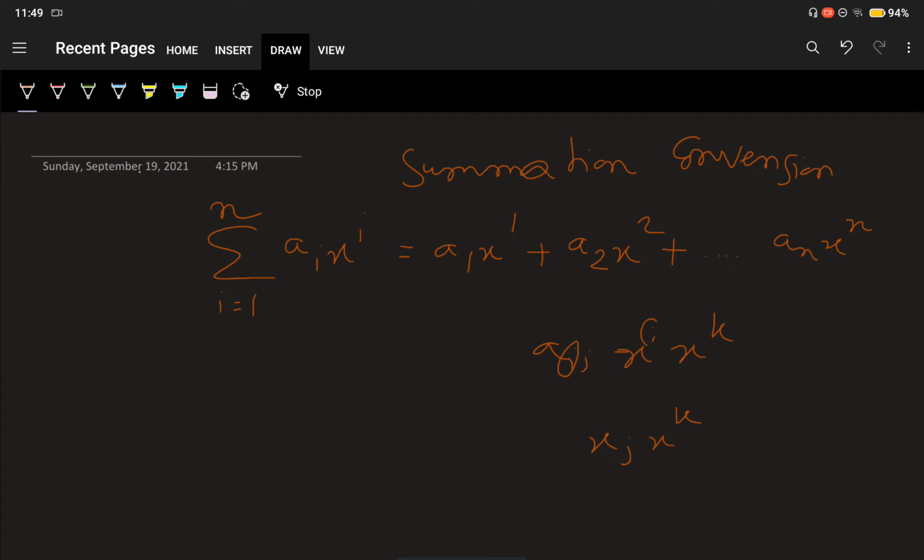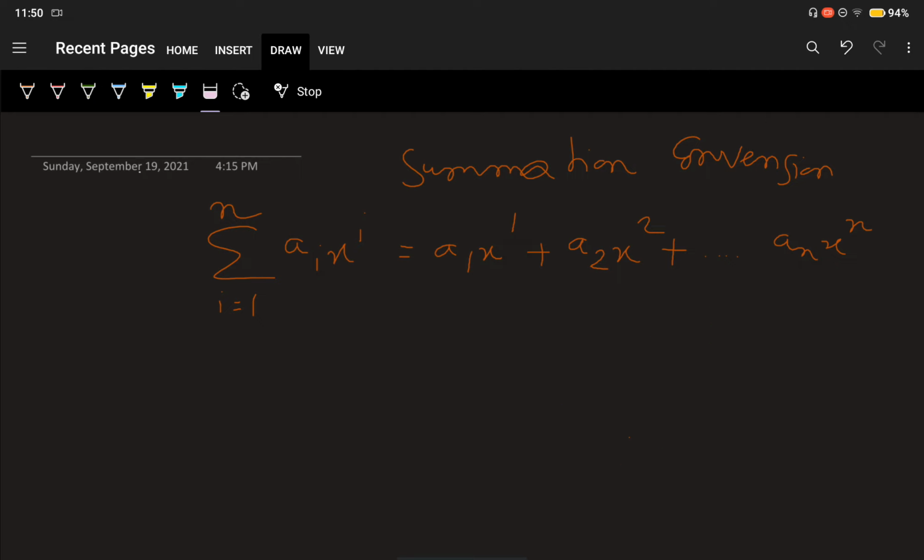This i and this i are contracted by this metric, by this tensor, and we can write it as follows. These are free indices. The free indices are those that are not dummy, not repeated. This is k, this is j, this is i, this is i. These are called free indices, that are not repeated.